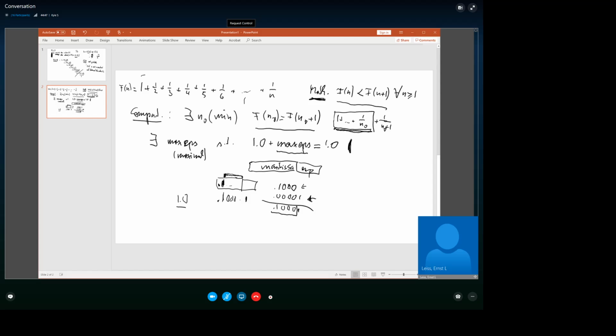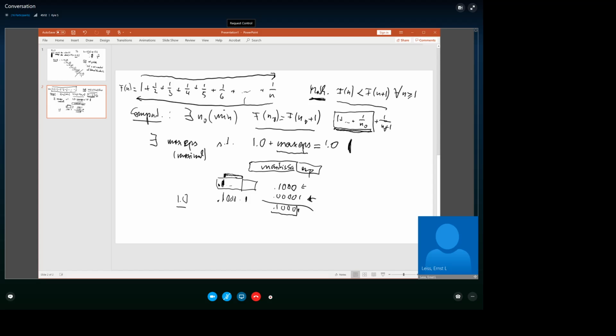At this point, I've basically implicitly assumed we're going from 1, 1/2, 1/3, 1/4, 1/5, 1/6, and so on, adding up from left to right. There's nothing that says I have to do that. I could go backwards.